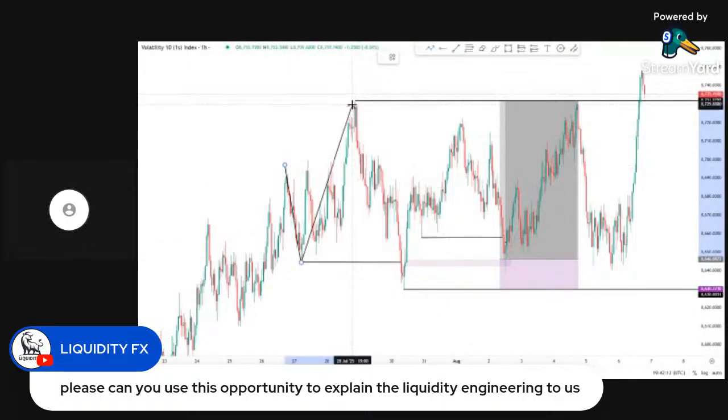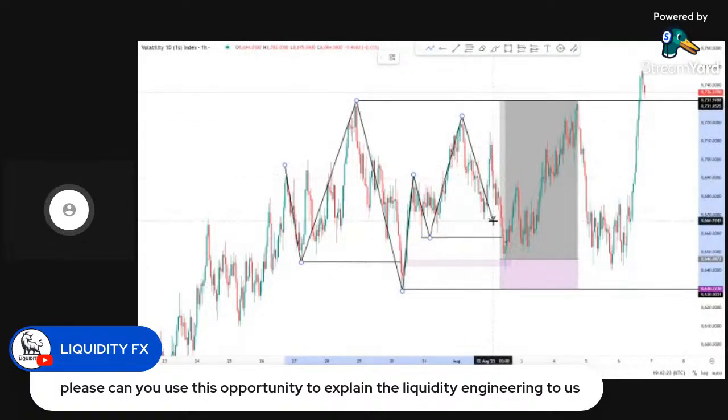I saw that price has given me a clean sweep to the downside without breaking here, but now giving me an internal structure. I don't know if that makes sense. Giving me an internal structure, right? And since price has given me an internal structure, sometimes price might not necessarily get back to this price. So I just come back here, enter your area of PY and buy, and buy back. So that was the idea behind the trade.